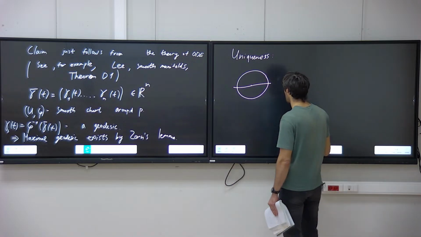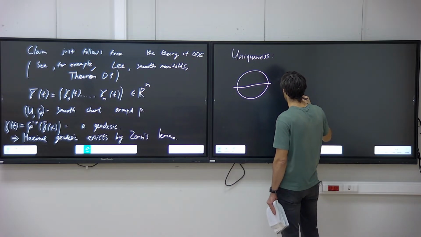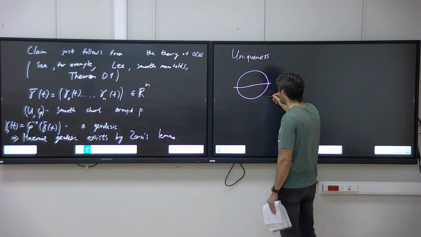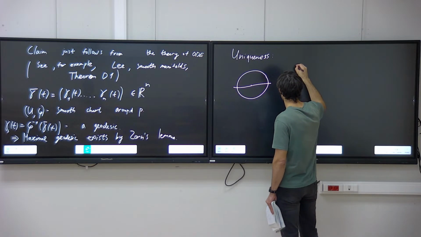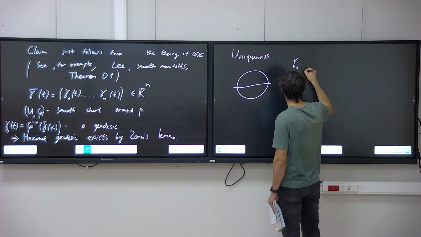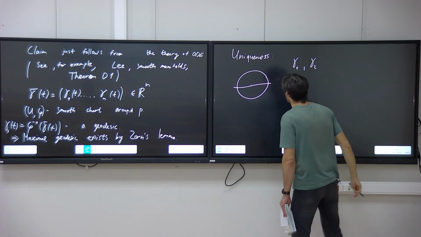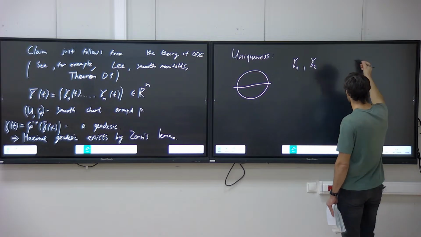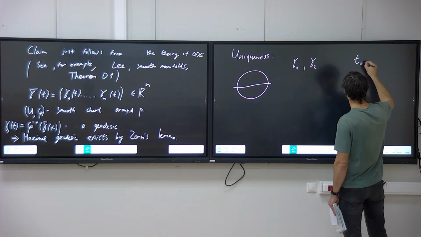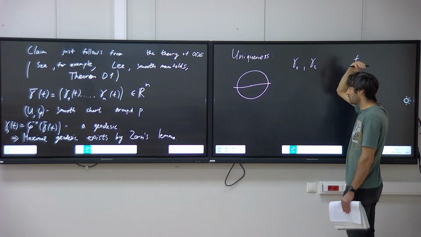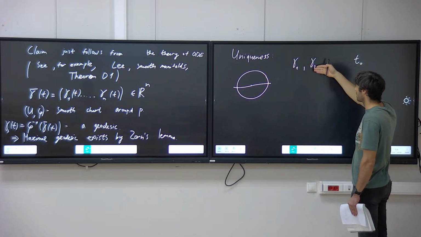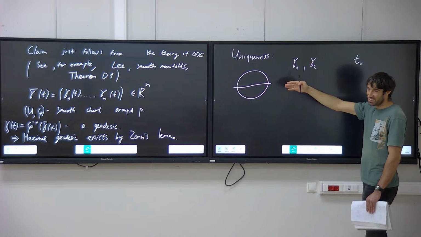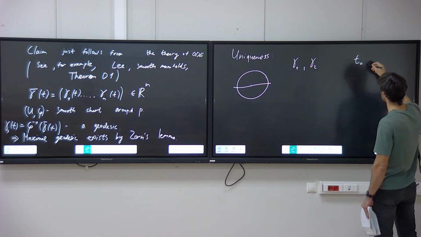Well, suppose that I have two maximal geodesics, like gamma 1 and gamma 2. Well, this is the same initial condition, but there exists some T0. I cannot draw a good picture. They should satisfy, that's what we're trying to prove.